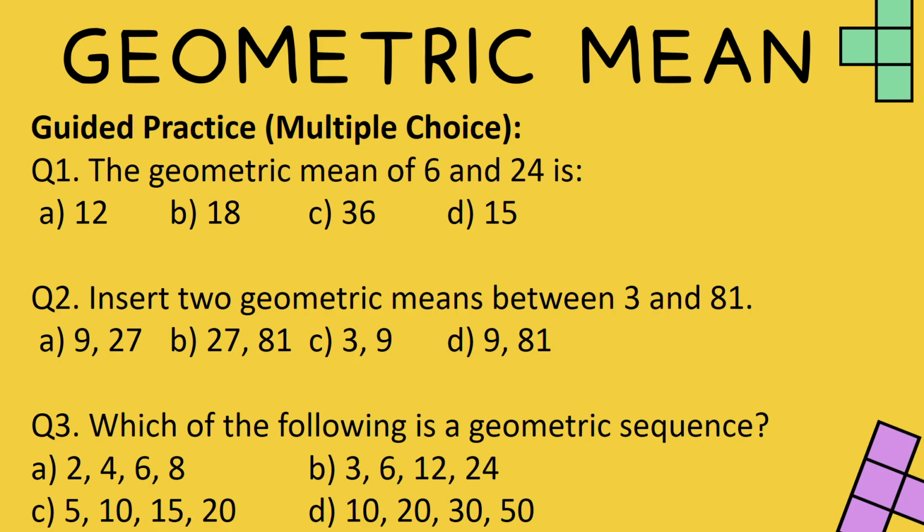Okay. So the answer for question number 1 is simply 6 times 24. That is 144. And the square root of 144 is 12. So the answer is letter A. So for number 2, to insert two geometric means between 3 and 81.